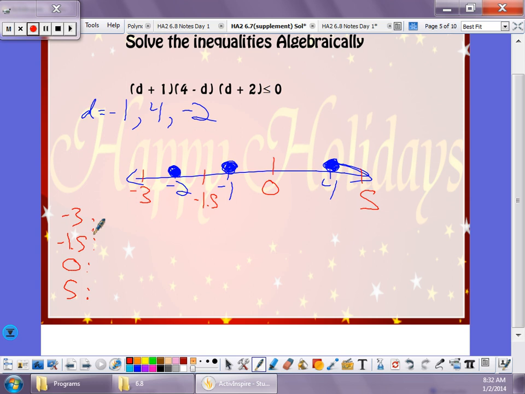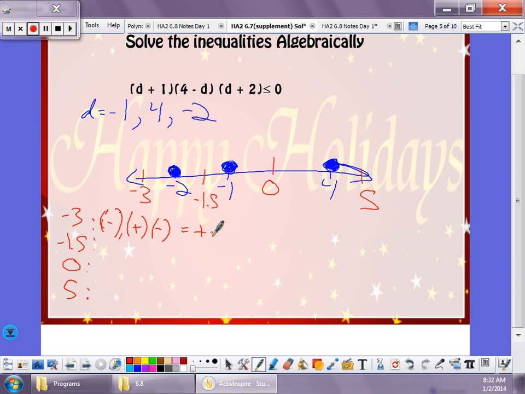So -3. I get -3 plus 1 is negative. 4 minus -3 is positive. Whoops, I don't need a 1 there. Negative, positive, and -3 plus 2 is a negative. So negative, positive, negative is a positive. So I don't shade in, because negative times a negative is a positive.